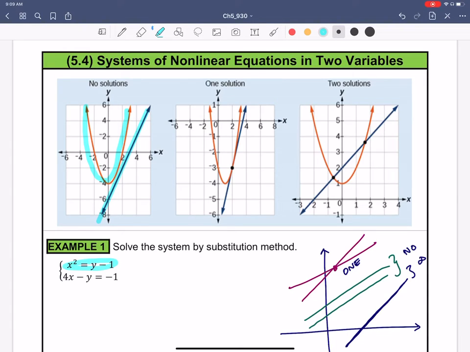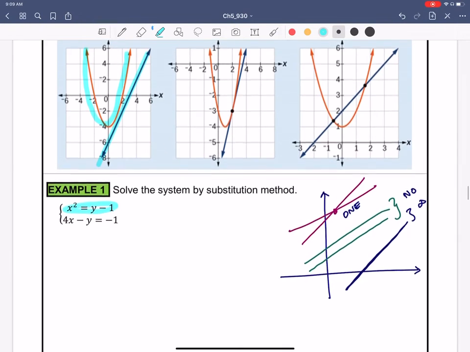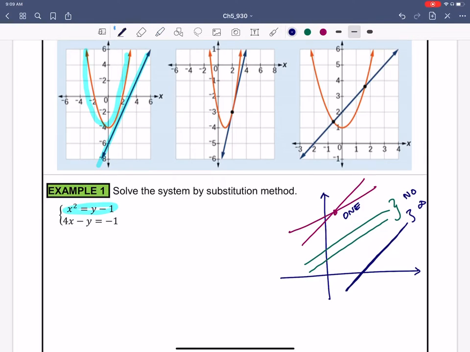Or you may have two circles, or a circle and an ellipse. This is a circle, and this is an ellipse, and they intersect at two particular points.